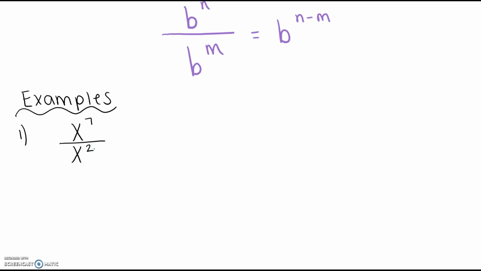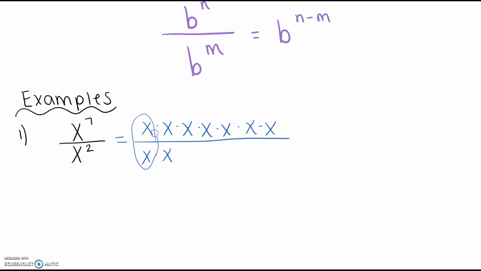Now this is what you did in your homework last night, hypothetically. So that is the same as x to the 7th is x times x times x times x times x, 1, 2, 3, 4, 5, 6, 7, divided by x times x.